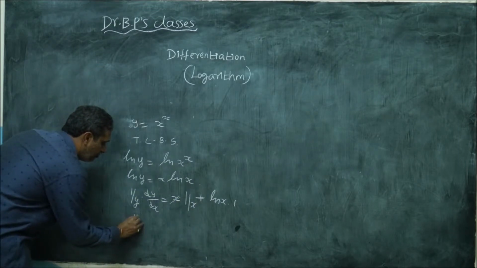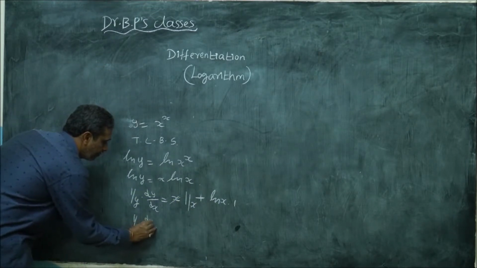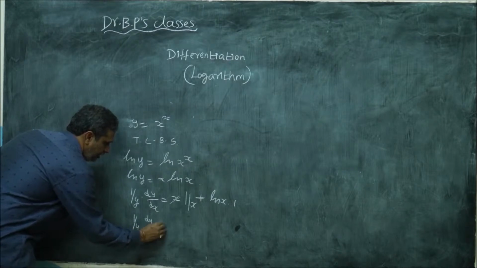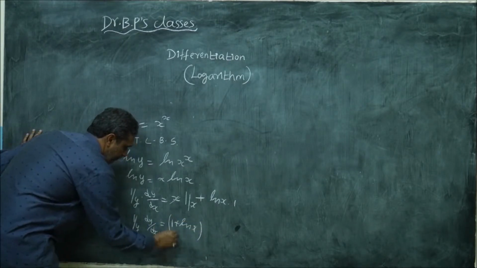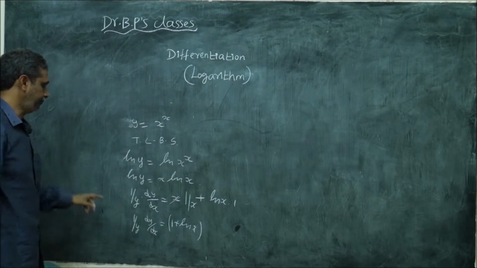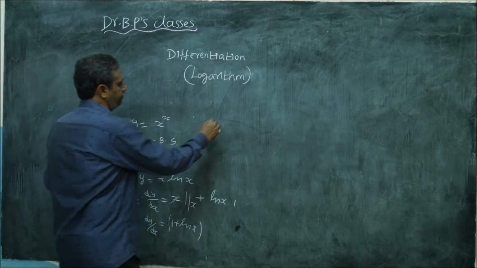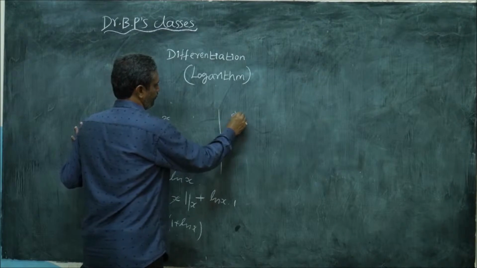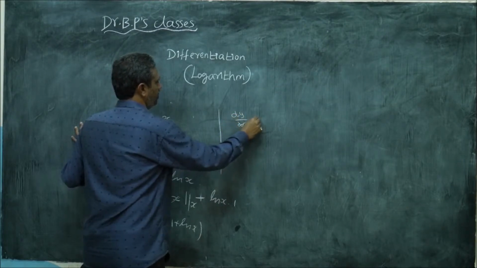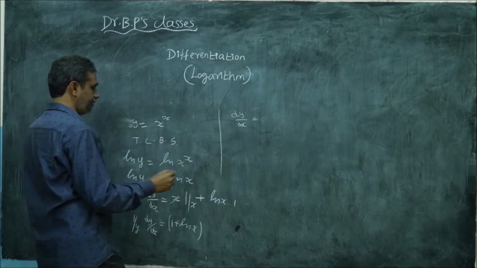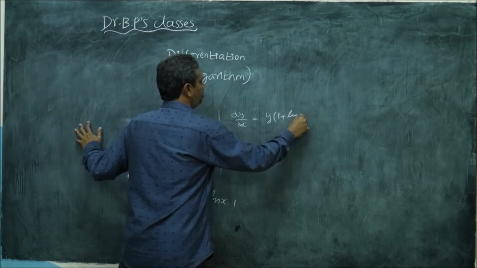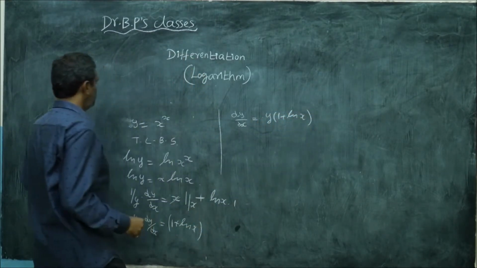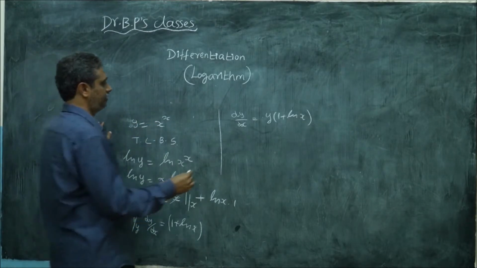So this is 1 by y dy by dx is equal to 1 plus log x. Then dy by dx is equal to, taking y to that side, y into 1 plus log x. But who is y? Where I started, y is equal to x to the power of x.